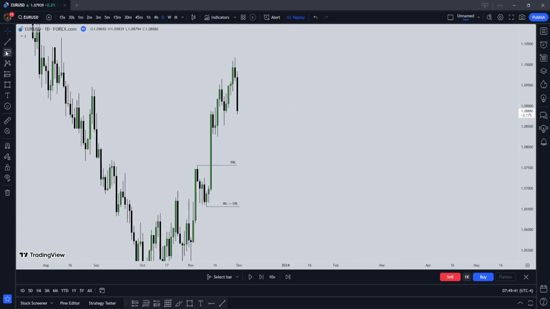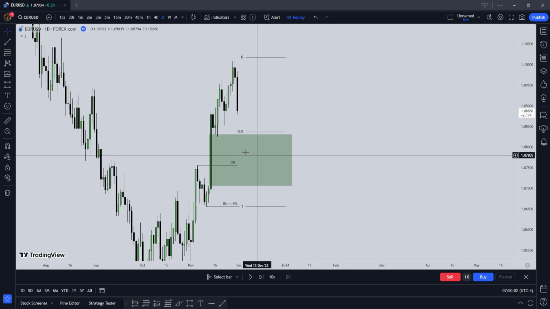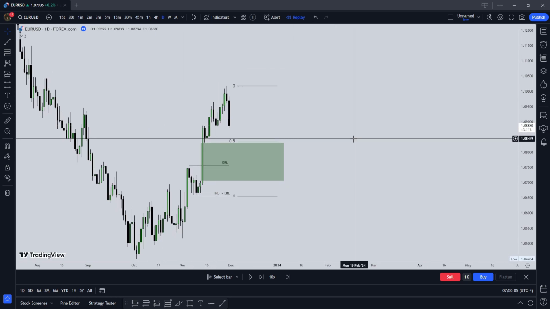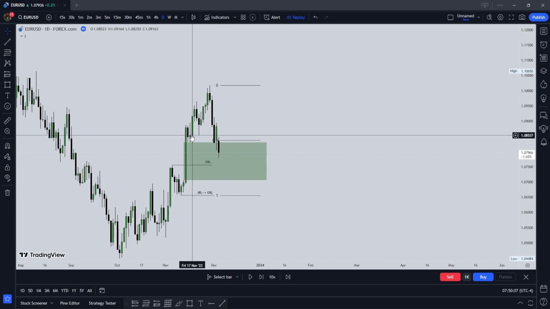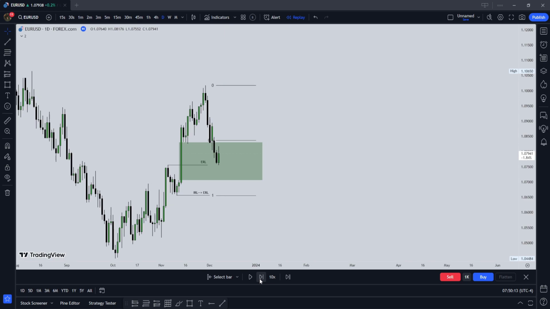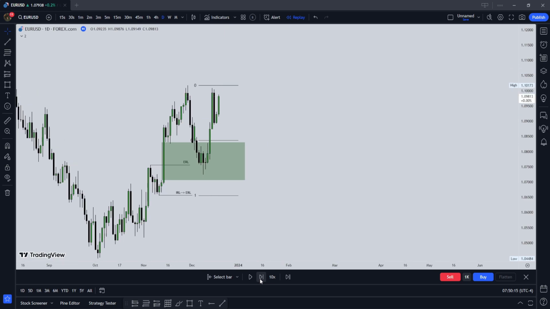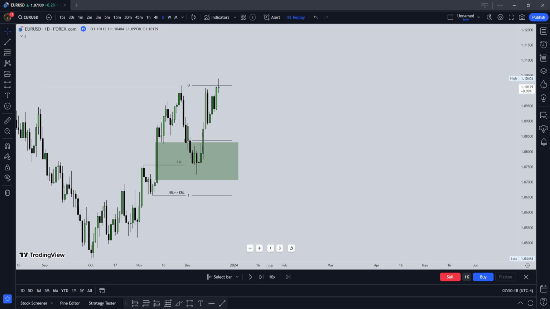So if price is going to retrace now, I'm going to wait for it to take this internal low and fill this internal fair value gap down here, which is internal range liquidity in this case. So I expect price to move lower, take all these generated lows, and from internal we go to external range liquidity up there.